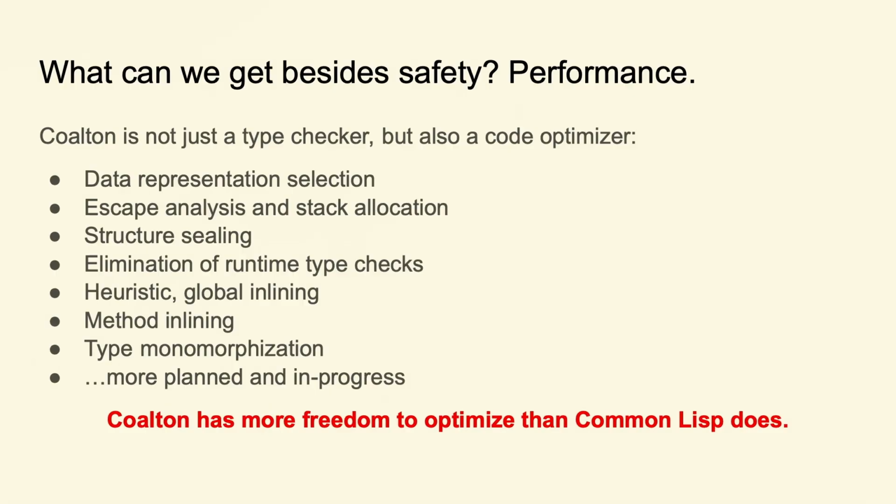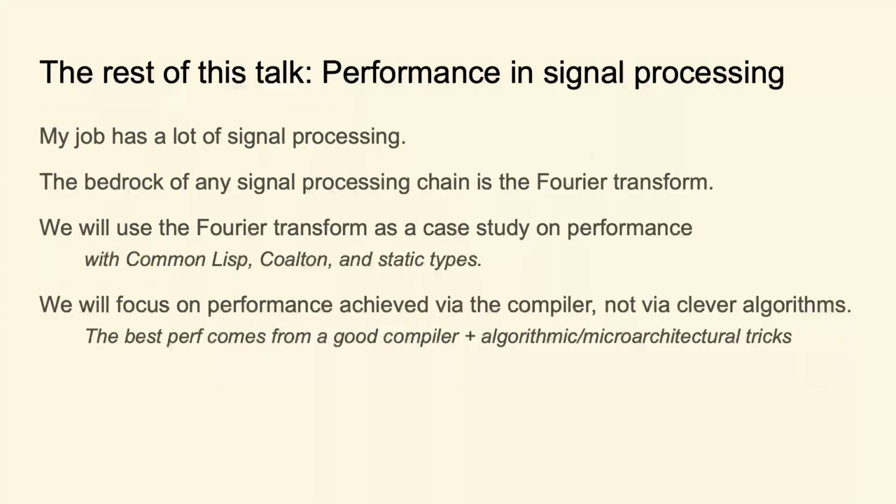Coalton, at the end of the day, has more freedom to optimize than Common Lisp does, for many reasons. Perhaps this is a negative feature to Lispers, but Coalton actually has a development and release mode. So if you're done with your program, which many times we are, I have to ship it on something at some point, I'm not going to be hooking a Lisp REPL on it or anything. I can say this is for release, and it will turn on every safe optimization it can.